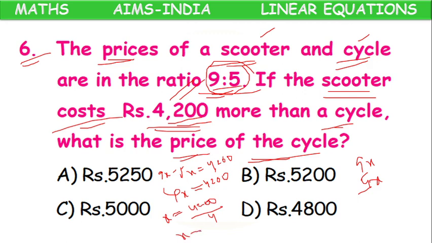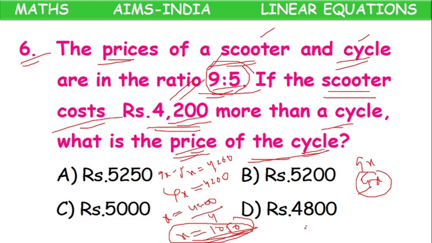After cancellation, x equal to 1050. It is not cycle value, it is not scooter value. It is only x value. If you want to find scooter value, 9x we have to find. But they are asking the price of cycle, which is equal to 5x.